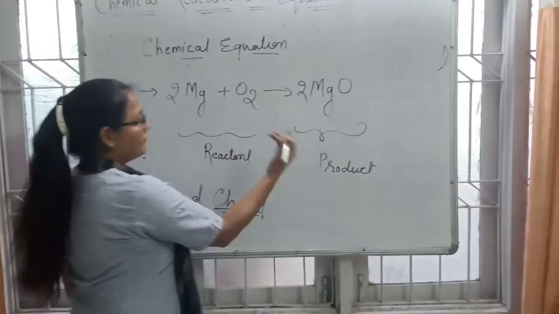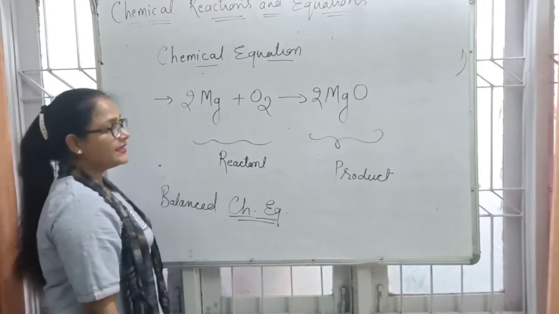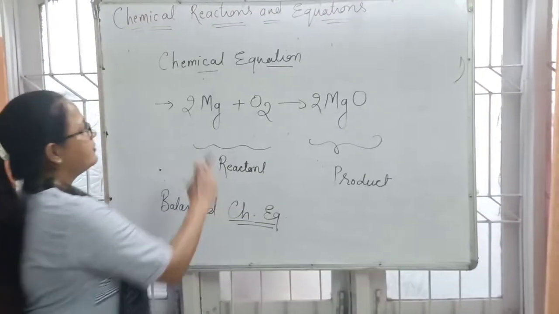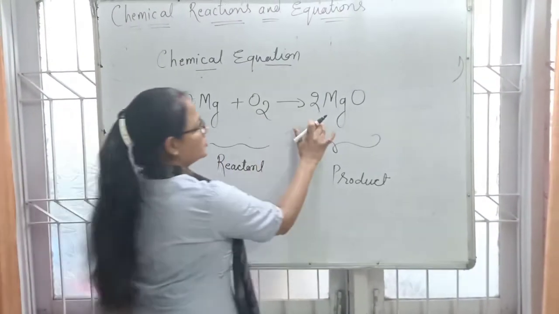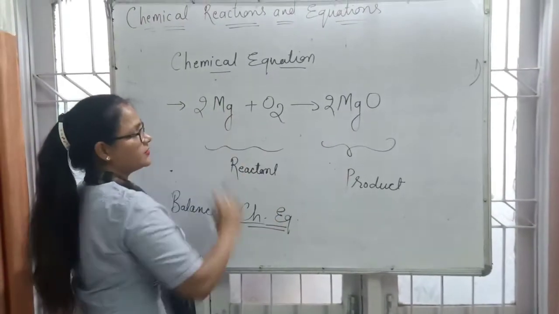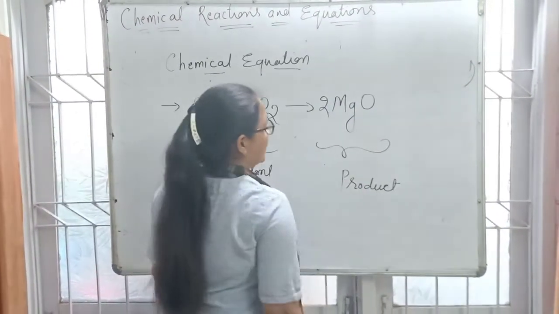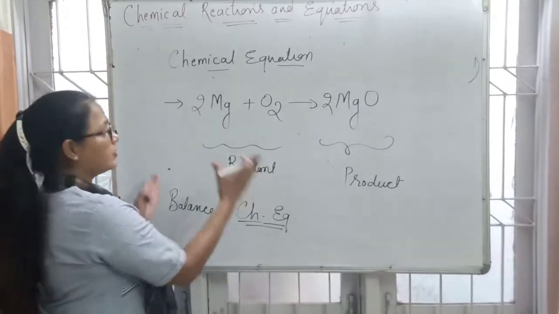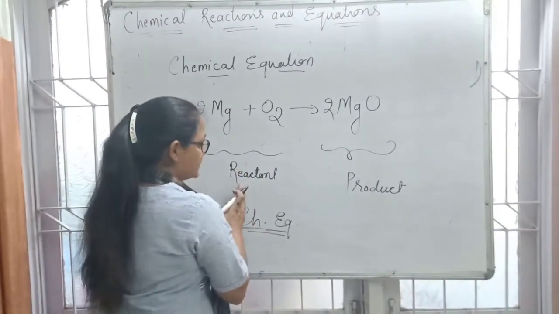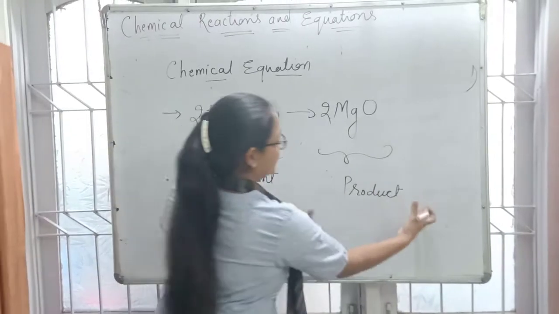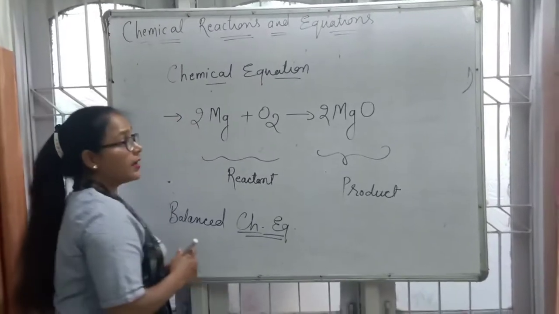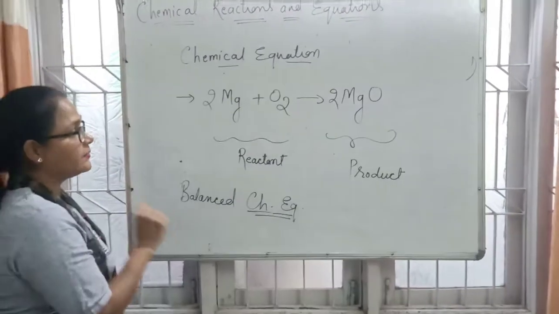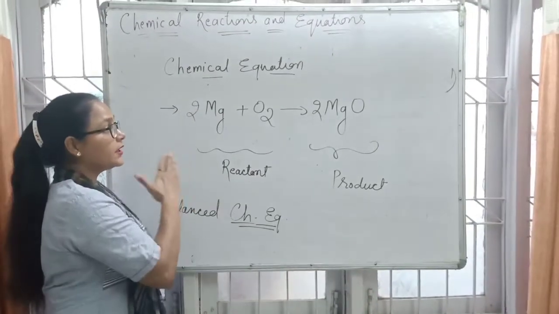Okay, so if I count the number of atoms on both sides, here magnesium atoms are 2, here also 2, oxygen atoms are 2, and here oxygen atoms in the product are also 2. So on both sides, at the reactant as well as the product side, the number of atoms of each element is equal.